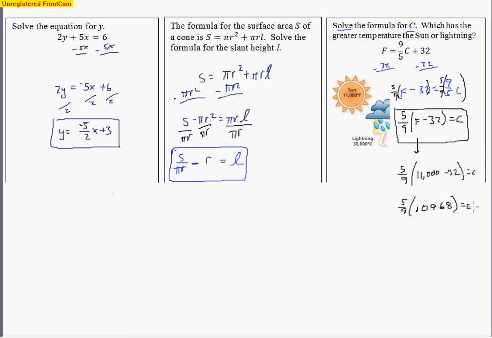And multiplying that by 5/9, I get something around 6,093.3 repeated equals the degrees Celsius. So obviously I see lightning is much, much hotter. So 30,000 is greater than 6,093.3 repeated. So I would say lightning has the greater temperature.